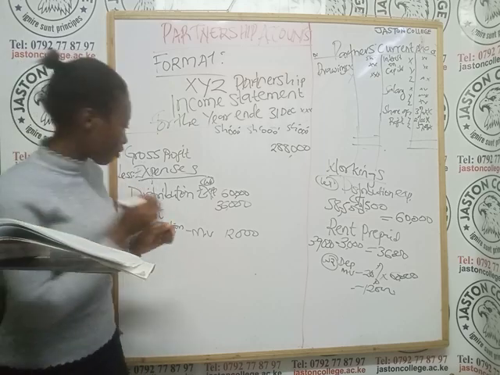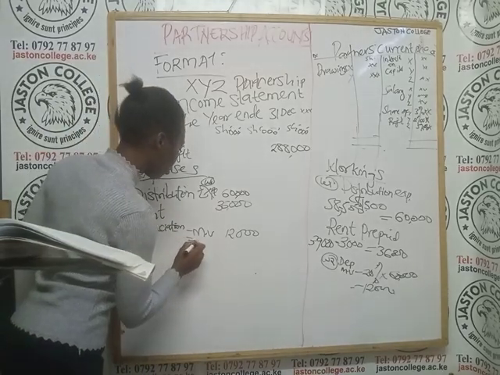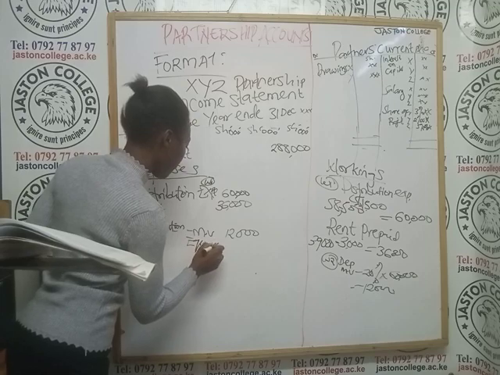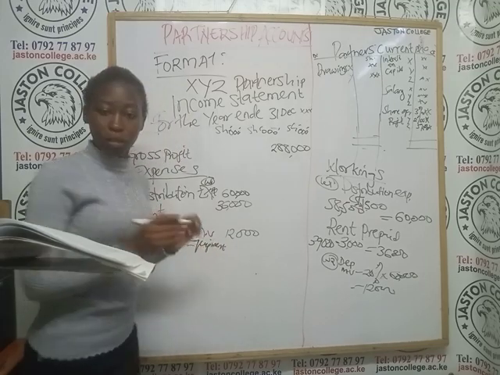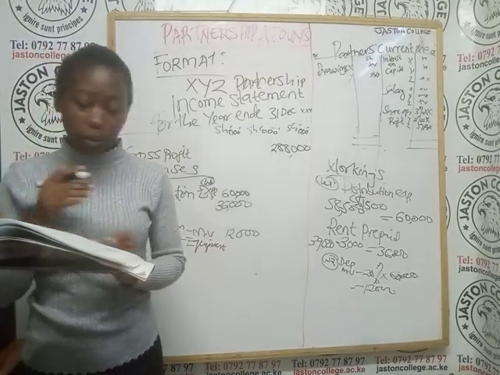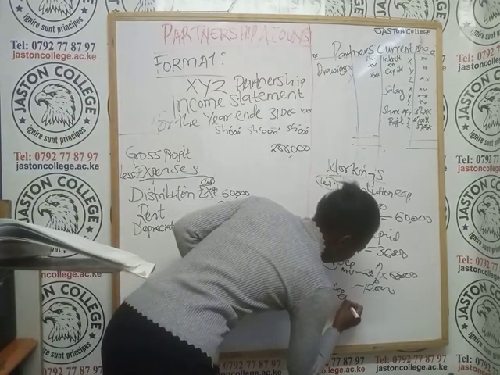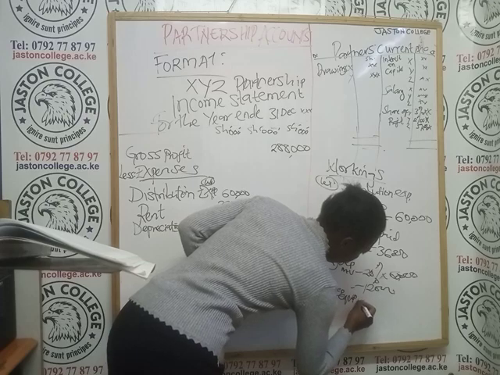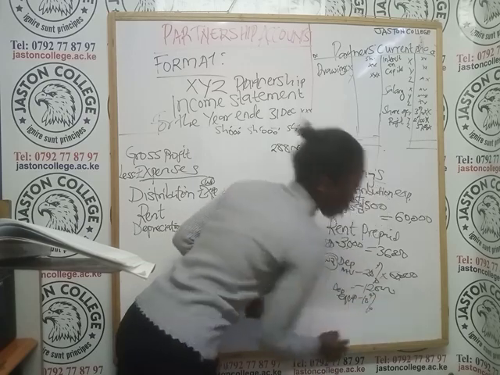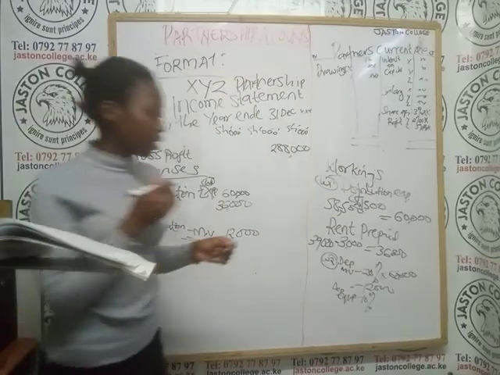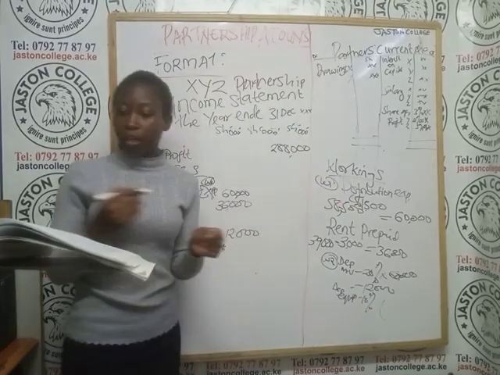We will also have depreciation on equipment, which is 10% reducing balance. That means we will take the cost of the equipment.